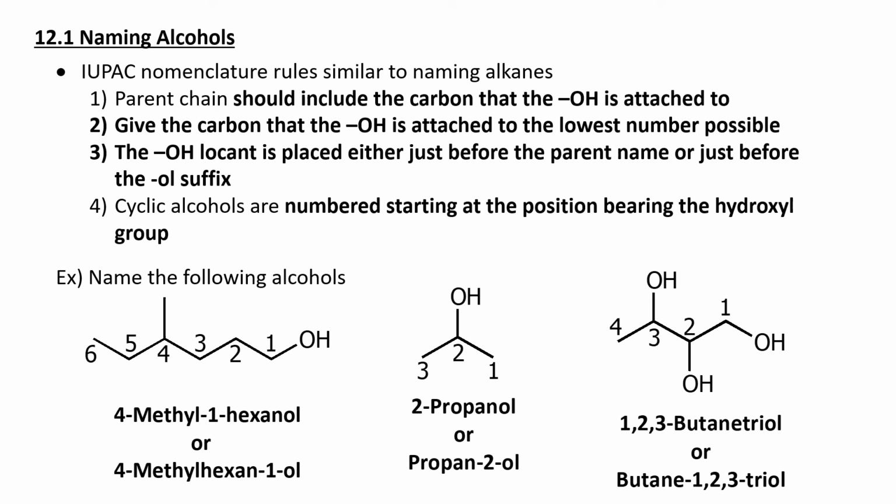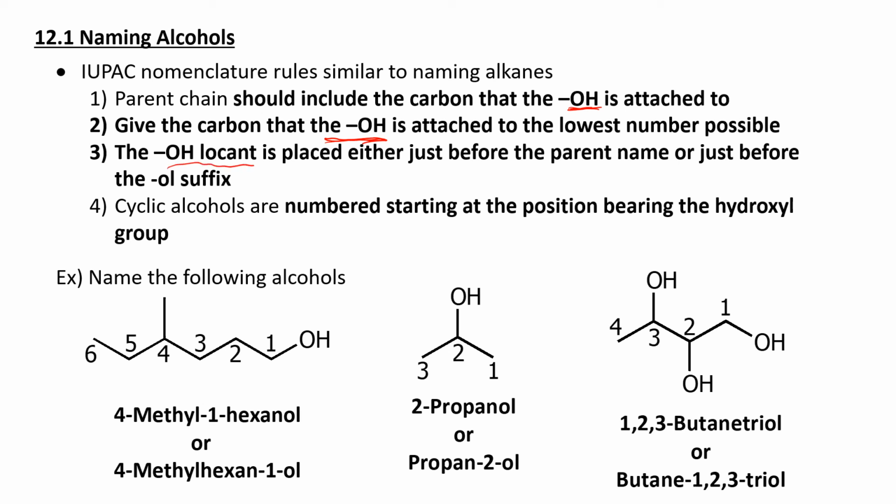Moving on to section 12.1, we're going to look at naming alcohols. Now the rules are very similar to naming the alkanes. However, the parent chain should always include the carbon that has the OH, the hydroxyl or alcohol group, attached. And we want to give the carbon that the OH is attached to the lowest possible number.